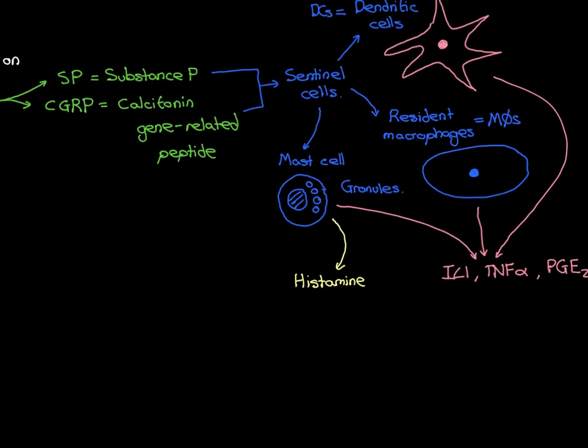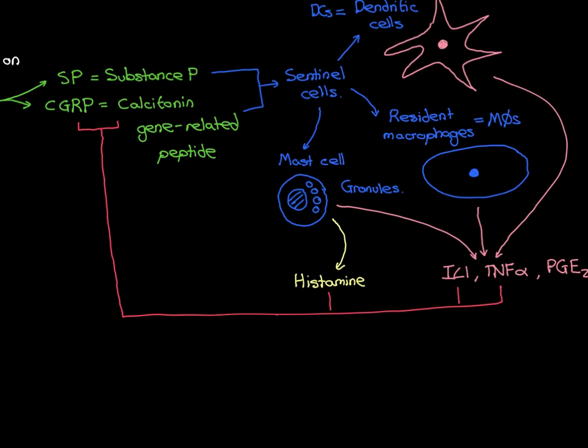Now, interleukin-1 and TNF-alpha, and indeed histamine, they are major pro-inflammatory mediators, all three of them. They act on microvasculature blood vessels and cause the changes in those blood vessels that cause inflammation. Now, it's not just those three, however. Substance P and calcitonin gene-related peptide, as well as activating the sentinel cells, are also capable of directly activating the microvasculature themselves.